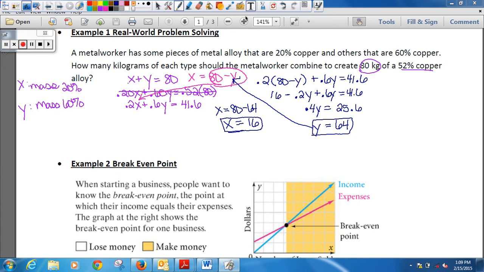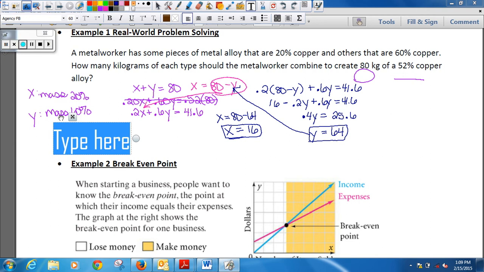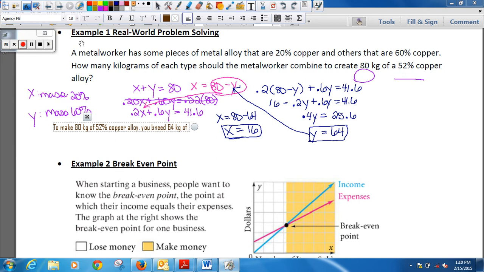I'm going to write my answer in statement form. To make 80 kilograms of 52% copper alloy, you need 64 kilograms of 60% alloy and 16 kilograms of 20% alloy.